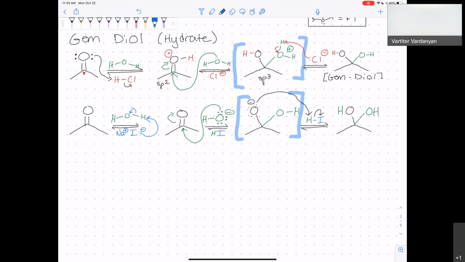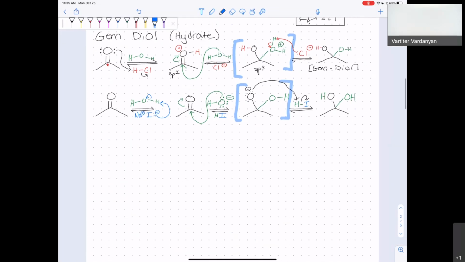So I will zoom out just a tad while I write the next name. The next reaction is going to be the acetal-ketal reaction. This one is not necessarily more complicated.